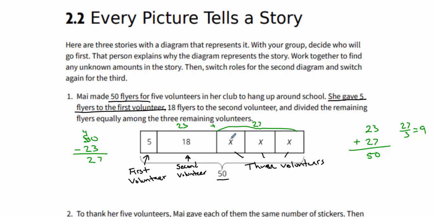So that must mean that each volunteer has 9 flyers. So 9 plus 9 plus 9 plus 18 plus 5 is all 50 flyers.